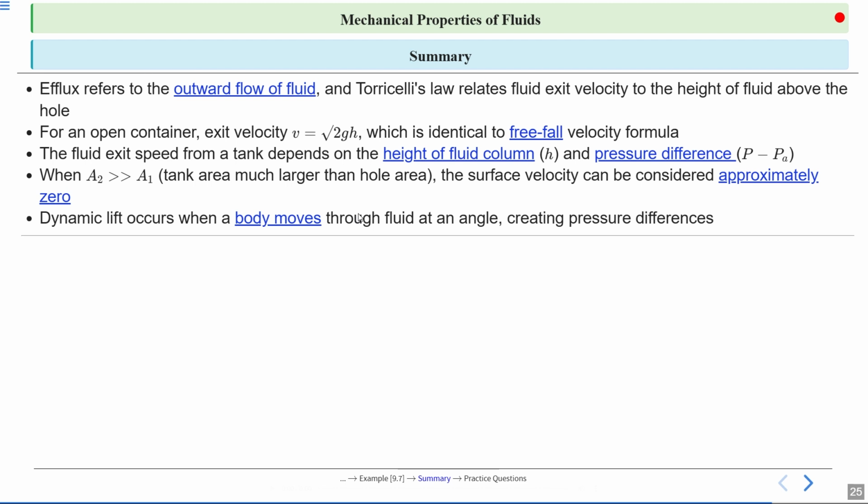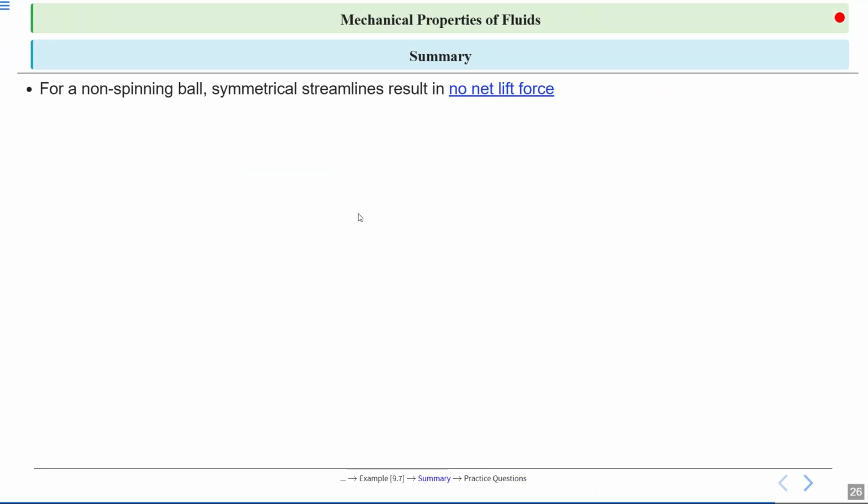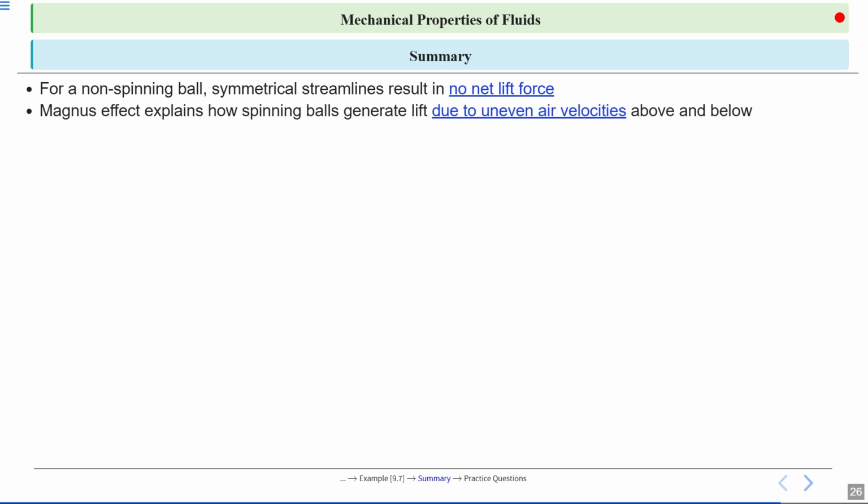Dynamic lift occurs when a body moves through fluid at an angle, creating pressure differences. For a non-spinning ball, symmetrical streamlines result in no net lift force. The Magnus effect explains how spinning balls generate lift due to uneven air velocities above and below.